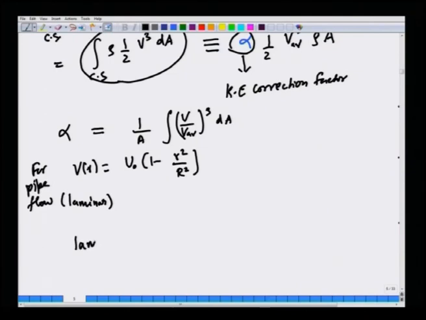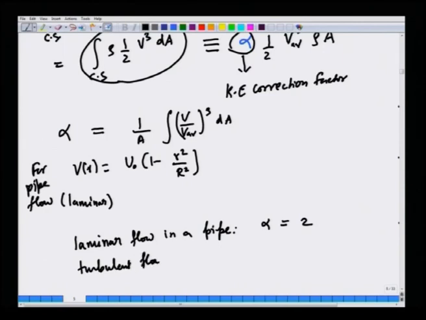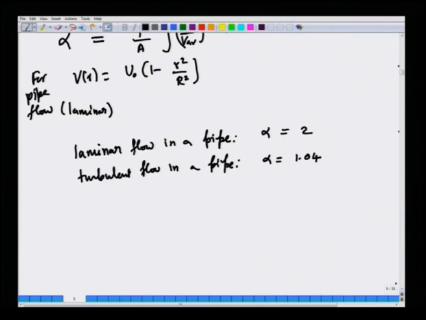For laminar flow in a pipe, alpha becomes 2, whereas for turbulent flow in a pipe, alpha is simply 1.04. So, for non-uniform flows you could use the kinetic energy correction factor.